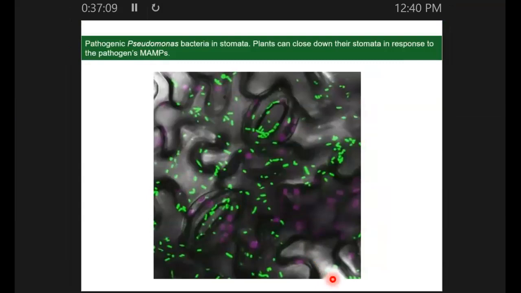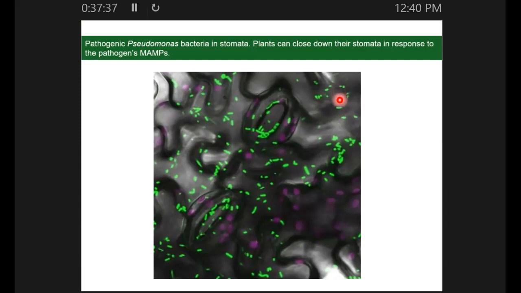This is, if you can make sense of it, so right where my red laser is, that's a stoma right there. So there's two kidney-shaped guard cells, and then the pore in the middle. And then there's another one right here, two kidney-shaped guard cells, and the pore in the middle. So you can see Pseudomonas was stained green here, and you can see how they're easily small enough to fit into the pore of the stomata.